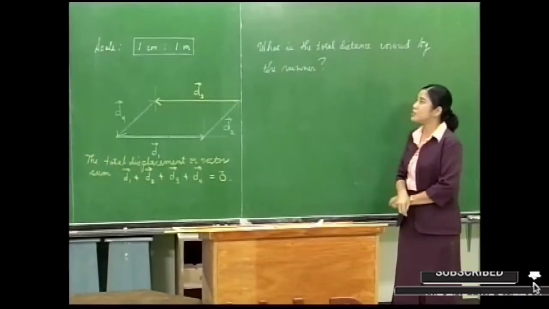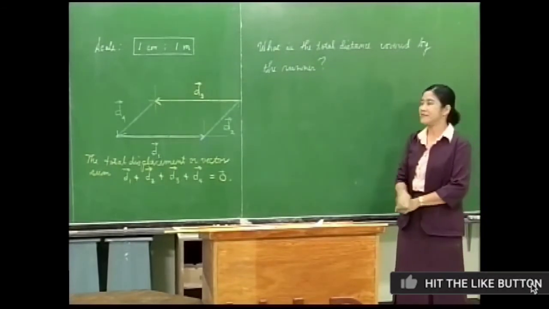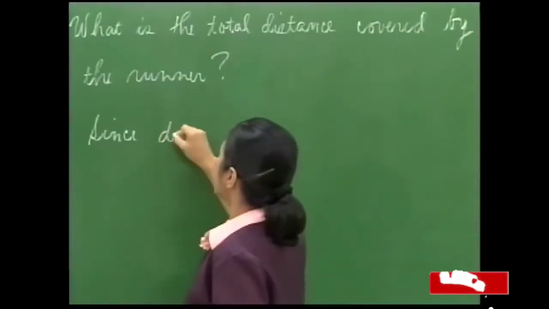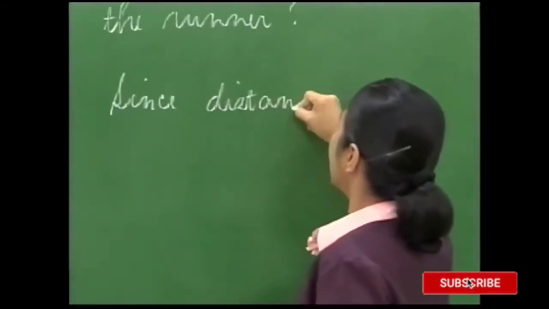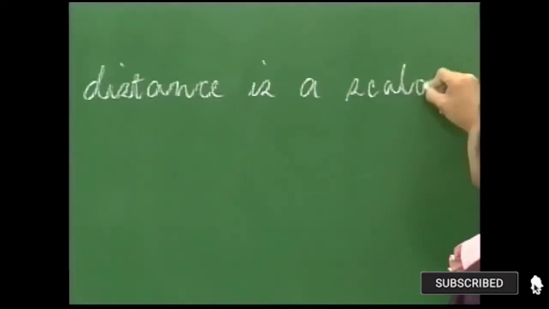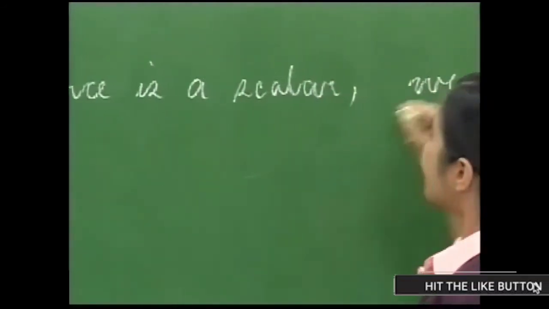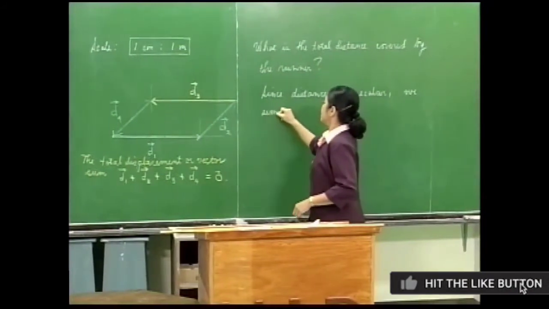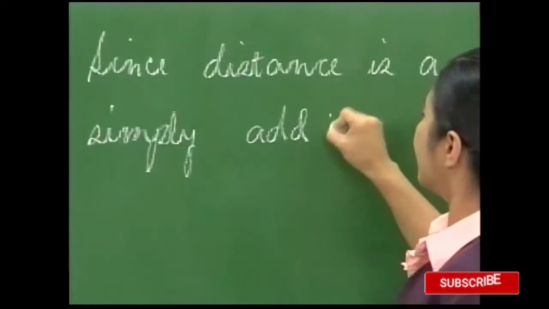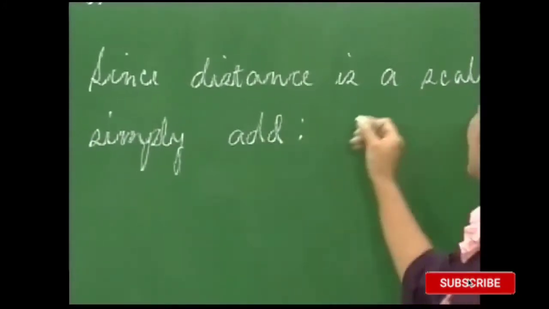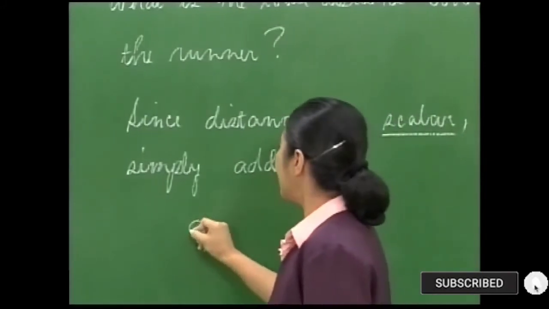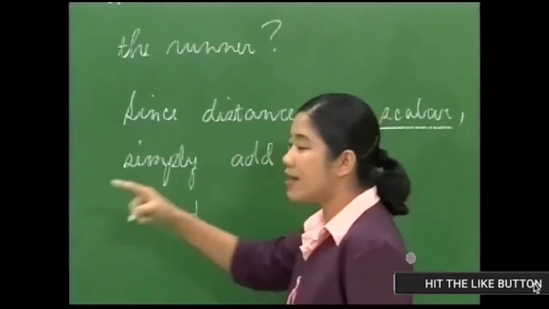Now, distance is just a scalar. Since distance is a scalar, we simply add the magnitudes of the displacements. So we simply add d1 without the arrow.